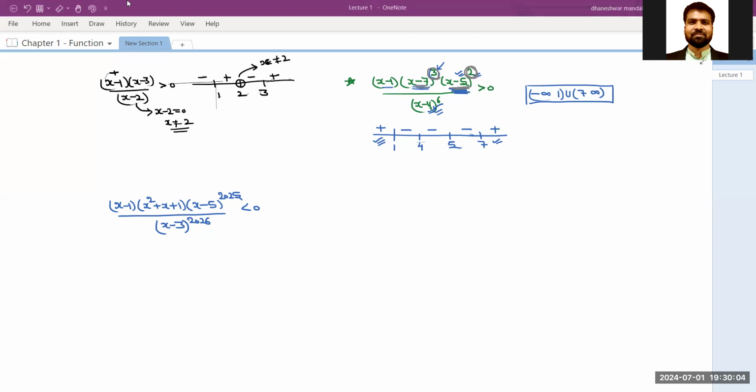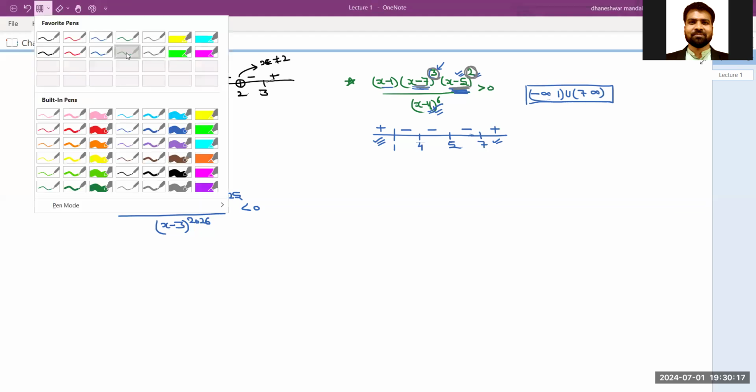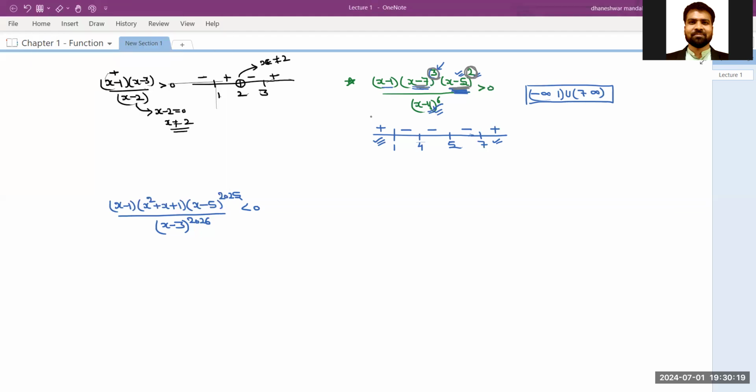Anyone tell me the answer? Okay, what I am telling is, if even power is there, then the sign will not change. If odd power is there, then the sign will change.